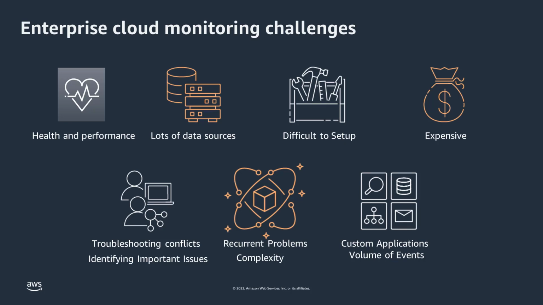Now, these require their own licenses and all the costs of knowing and maintaining them as well. And there are quite a few issues when you have conflicts between teams while doing troubleshooting. So the whole enterprise observability setup and process can create those conflicts.